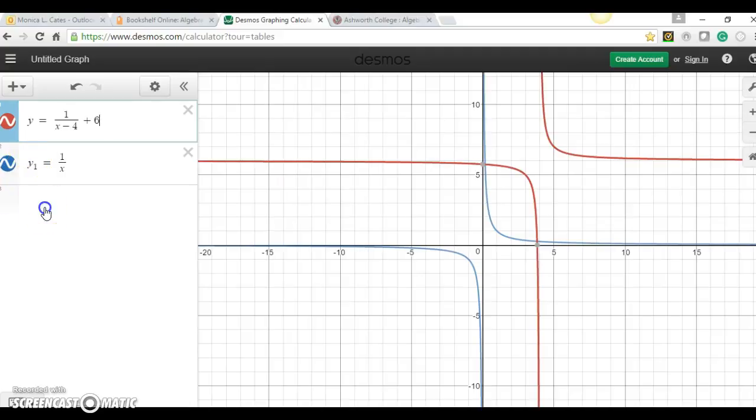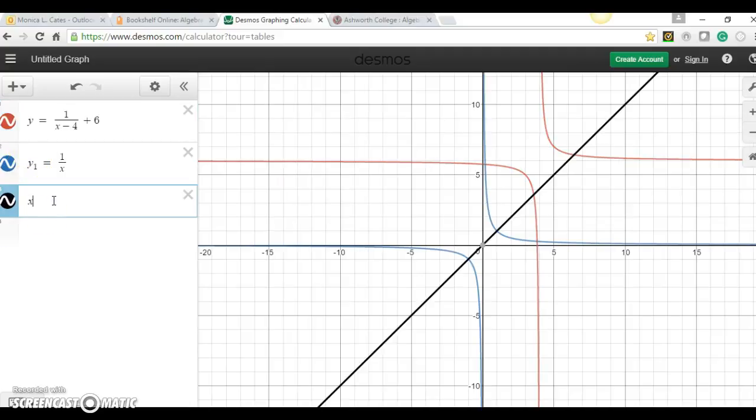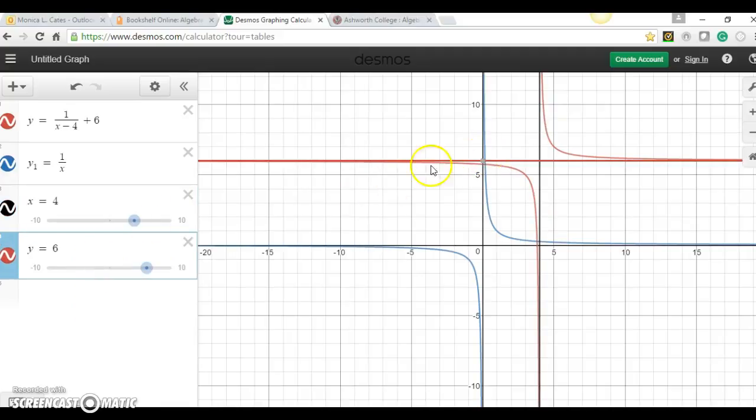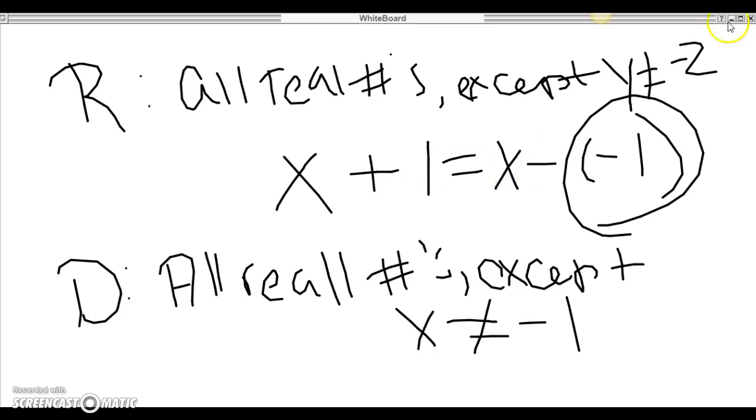And we can put our asymptotes again. So that's x equals 4, and as you can see, it gets closer but doesn't touch. And then the same for y. y is equal to 6. Again, it gets closer to it but doesn't touch. So it's the same ideas as before.